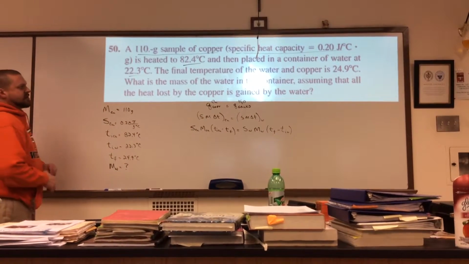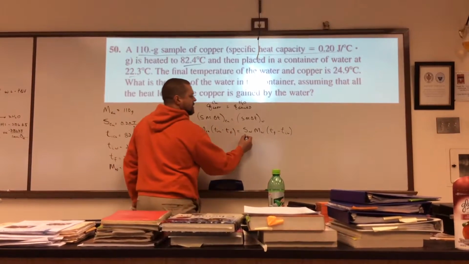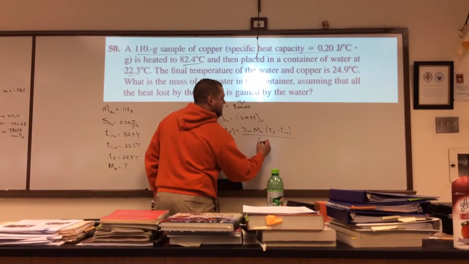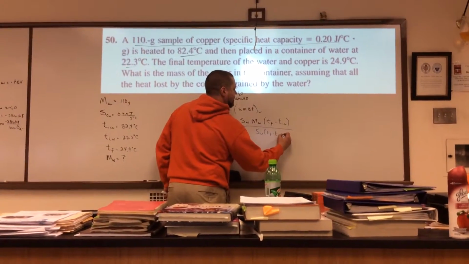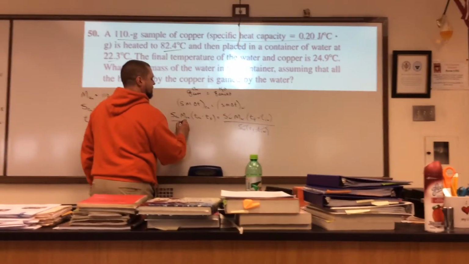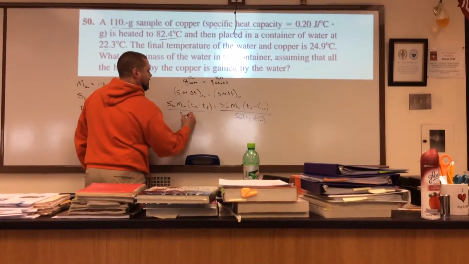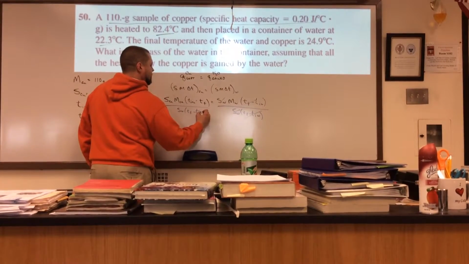Okay, this time I want to solve for mass of water. So on this side, I'm going to get rid of specific heat of water, temperature final minus temperature initial water. And then that'll go away, that'll go away. Do the same thing over here.